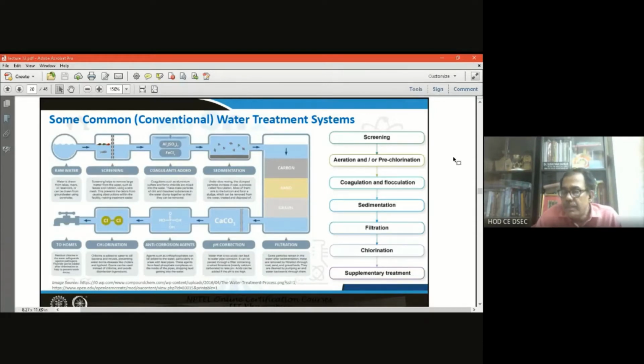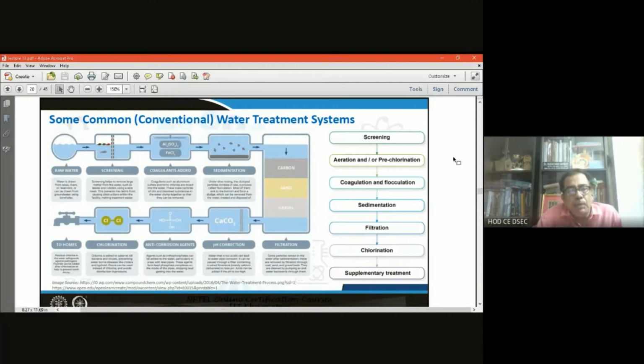Okay. Now, after the screening, when the floating materials like leaves, branches of trees, debris, rubbish, etc., are obstructed by the screen, the water passes to the next stage, the coagulation and flocculation tank.